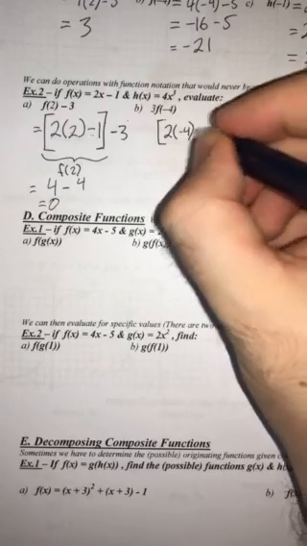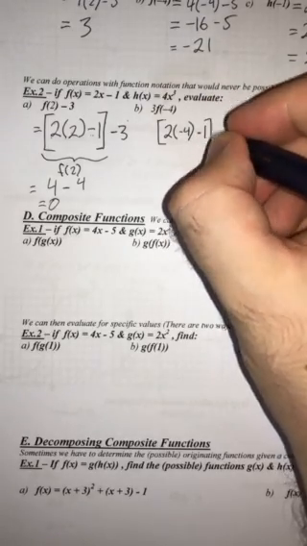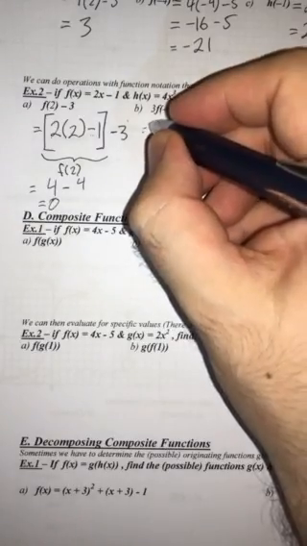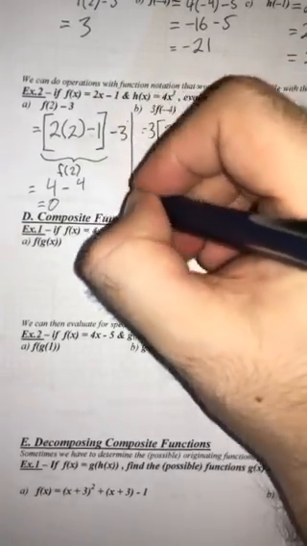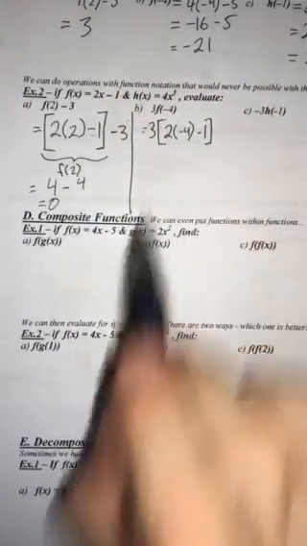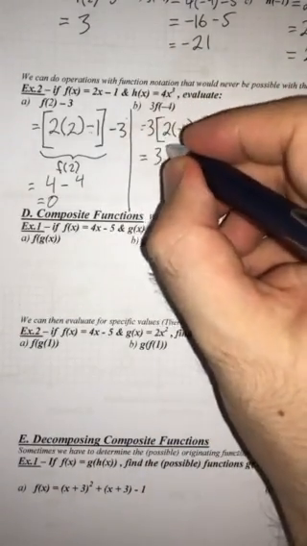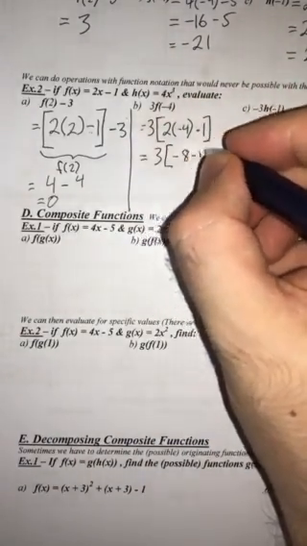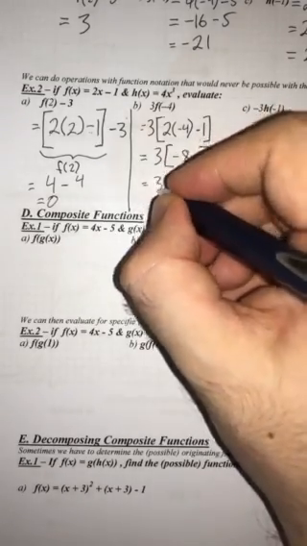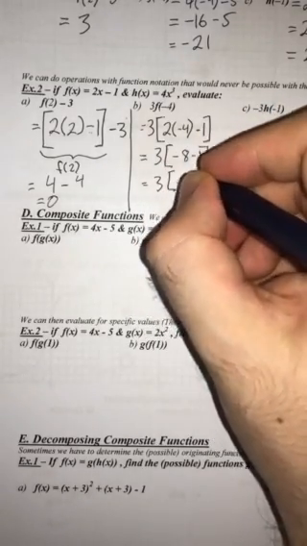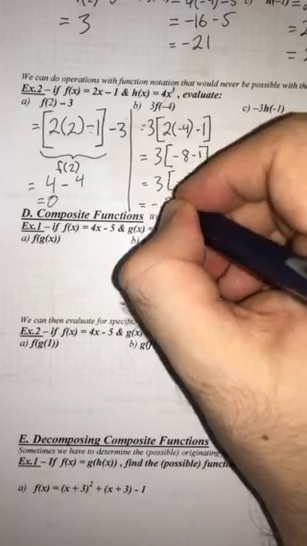So 2 times negative 4 minus 1. This is my f of negative 4. And I'm going to times that by 3. So let's put this apart: 3 times all of this stuff. That's going to be 3 times, here we've got negative 8 minus 1, equals 3 times negative 9, equals negative 27.